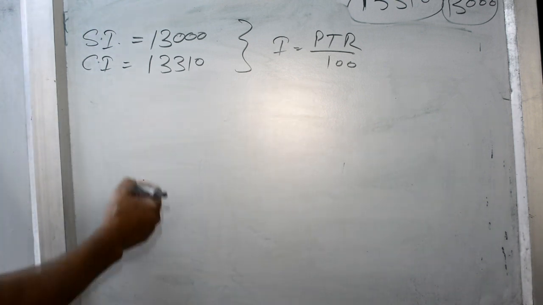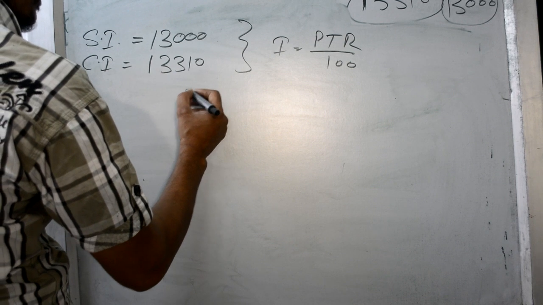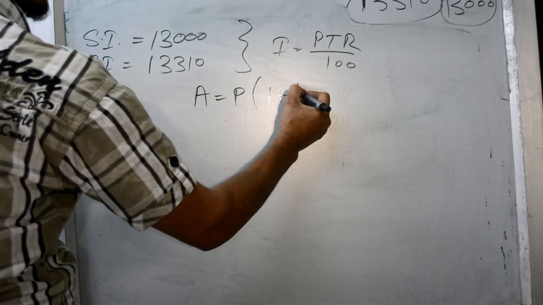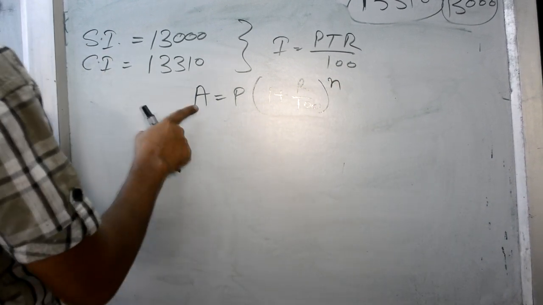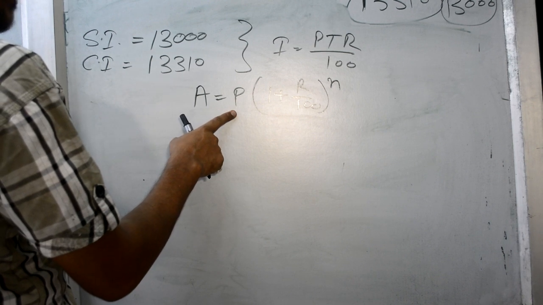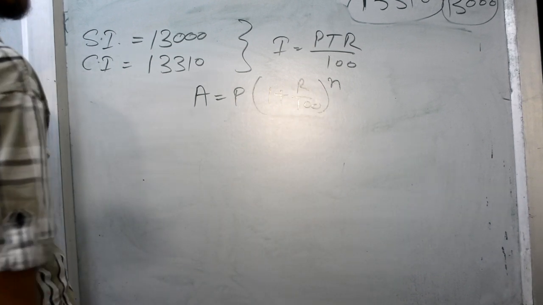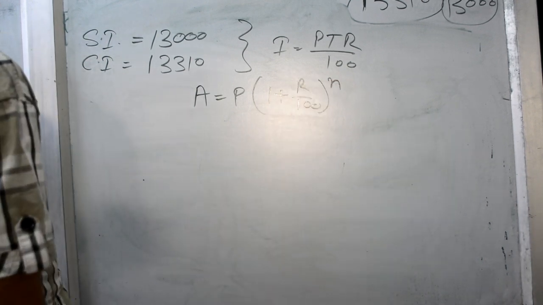Now we will use another formula, which is the simplified form: amount is equal to principal into 1 plus R upon 100 to the power n. As usual, this is the amount, this is the principal you have taken, this is the rate, and n is the year. Sometimes this may be called time also, but in the formula it is n.